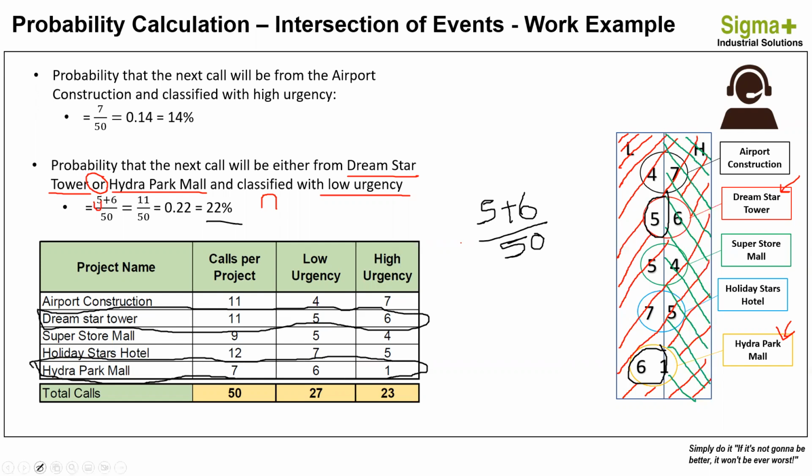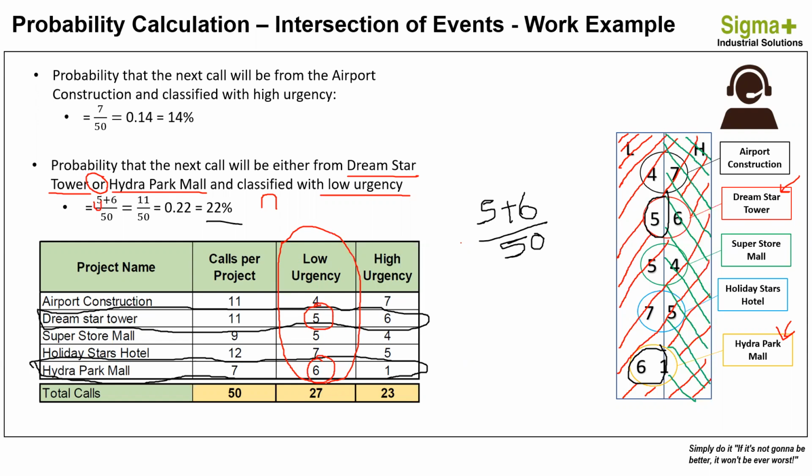We can use a different color to make it more visible. And I have classified my interested events as low urgency. So if I highlight the column of the low urgency, as you can see, the intersected points are the 5 and 6.